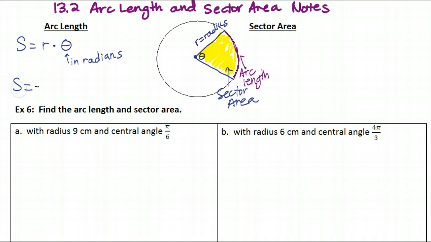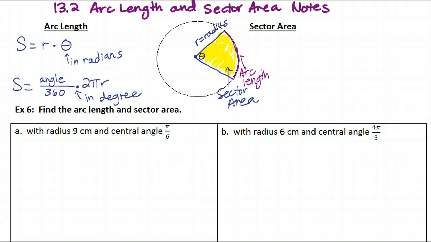The other formula is S equals angle over 360 times 2 pi r, and that is if you have a degree measurement. And by the way, 2 pi r is just the normal circumference formula. So basically I'm finding the circumference of the circle, and then multiplying it by some fraction representing what fractional part of the circle our piece is.